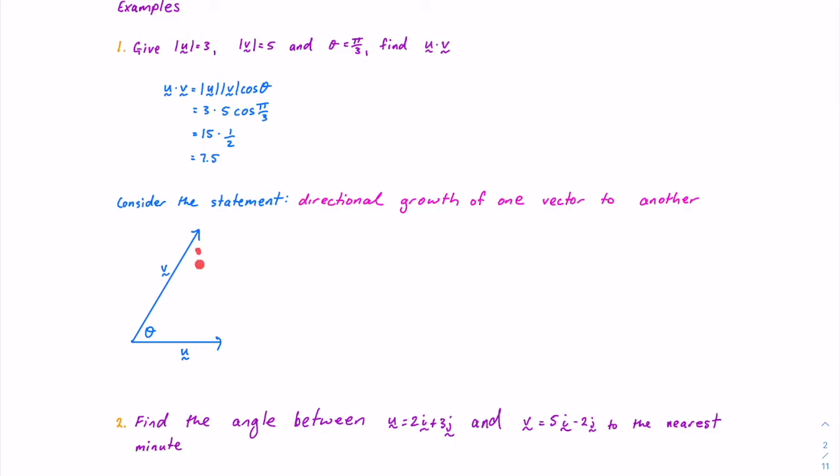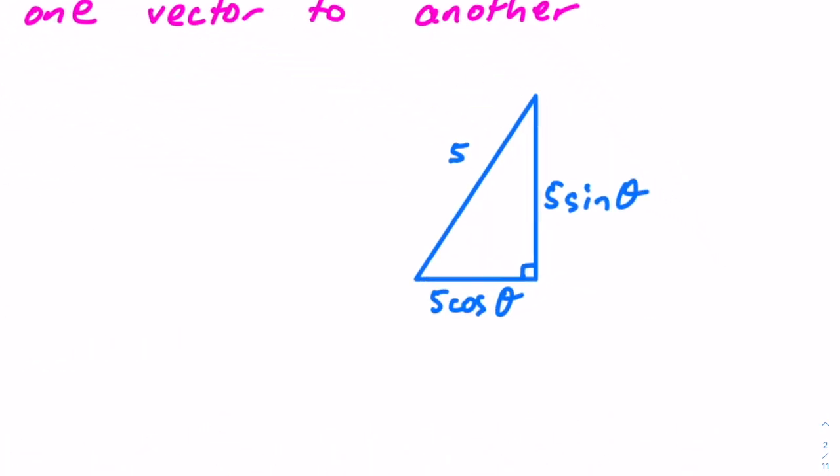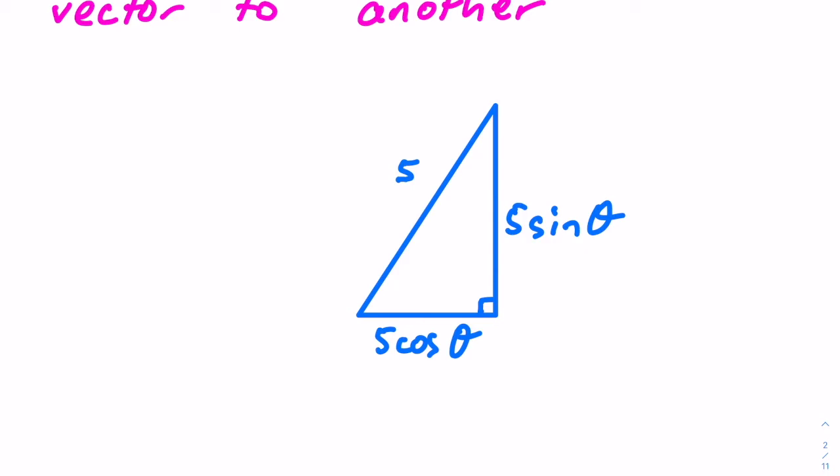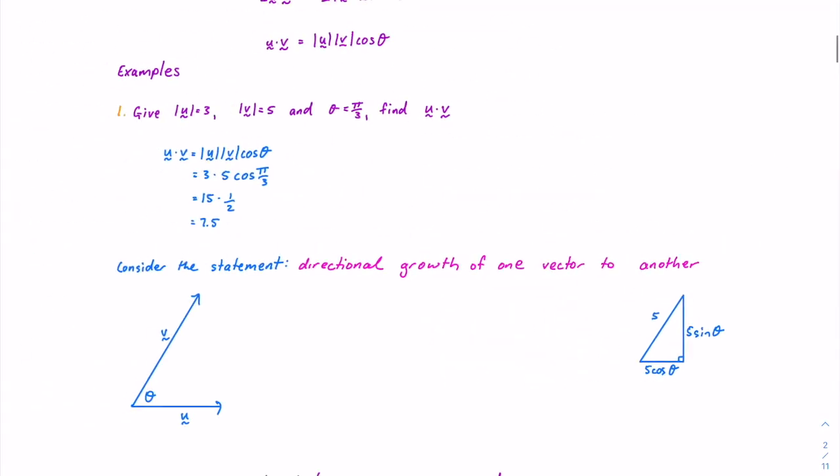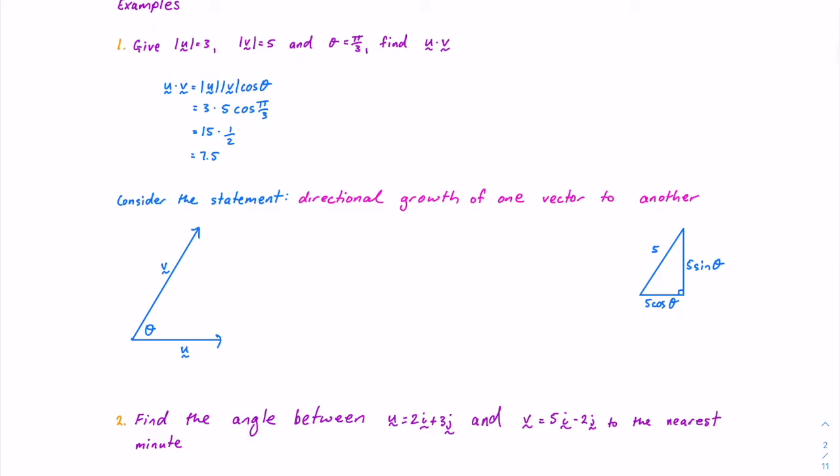So if you draw a line straight down here, U will go slightly further across. Let's just consider this triangle here, of course. If that's 5, then this side will be 5 cos theta, the adjacent side, when that's the angle. And this is 5 sine theta, the opposite side is the sine. So 5 cos theta in this case is the horizontal.